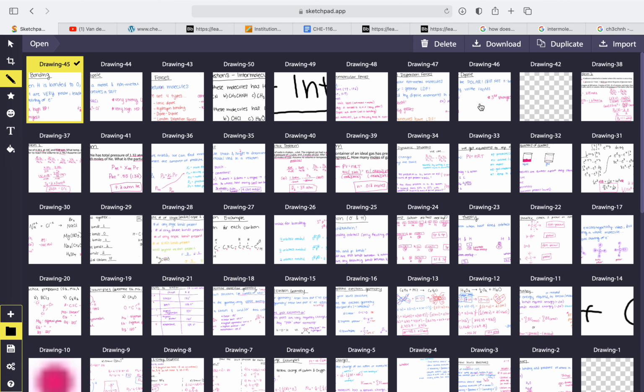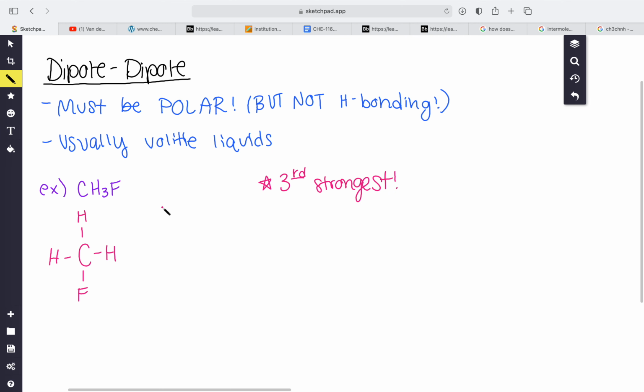So now let's take a look at dipole-dipole. With dipole-dipole, they must be polar, but not hydrogen bonding, right? So let's take a look at our polar molecule here. We have CH3F, right? We remember that something that's polar is usually any molecule with an uneven sharing of electrons.